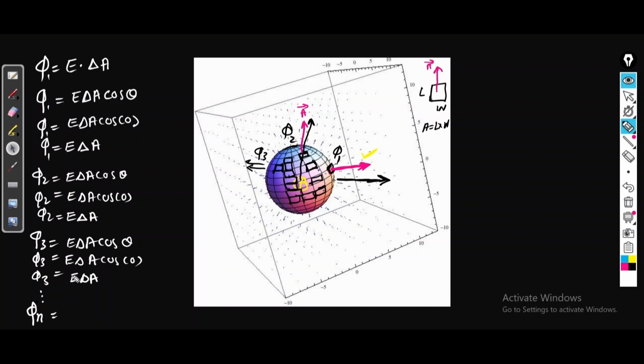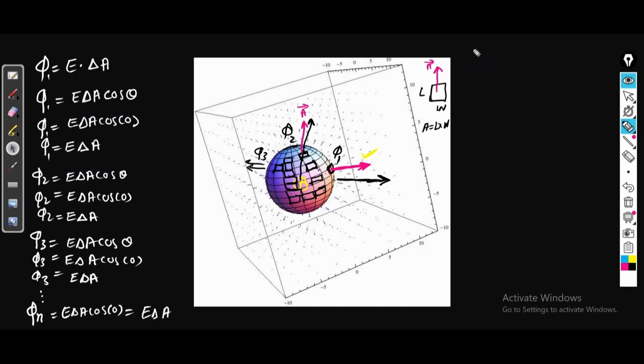So for phi n, the expression will be E del A cos of 0, because the electric field line and the direction of the area are in the same direction, and therefore the angle between them is 0, and this also becomes E del A. So this is the flux through that Gaussian surface. We will proceed further.